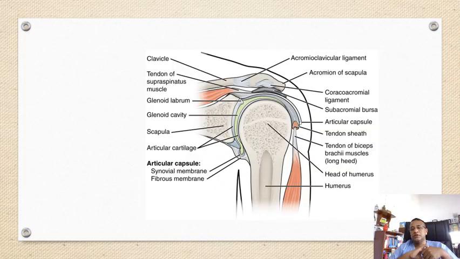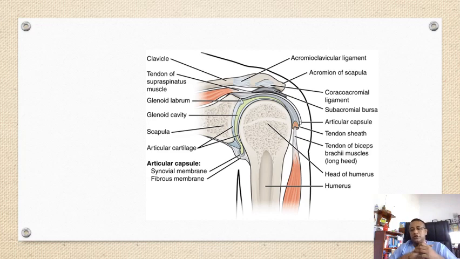To understand shoulder joint dislocation, we should recall our anatomy, the shoulder joint anatomy. At least we should know the bony anatomy. Here you can see the humeral head related to the glenoid labrum in the glenoid rim, and you can appreciate the acromion process here. The clavicle is there, and this shoulder joint is covered by the rotator cuff muscles.